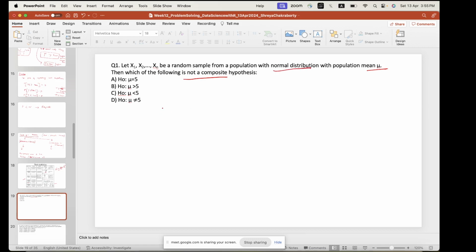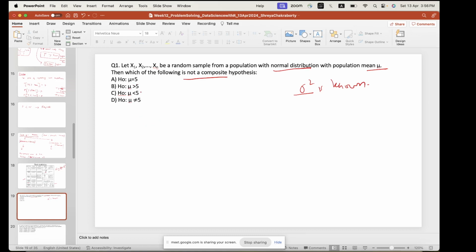Okay, and if nothing is mentioned, usually, since here no question about sigma square is being raised, we would assume that sigma square is known. Alright, so given that sigma square is known, which of the following is not a composite hypothesis?